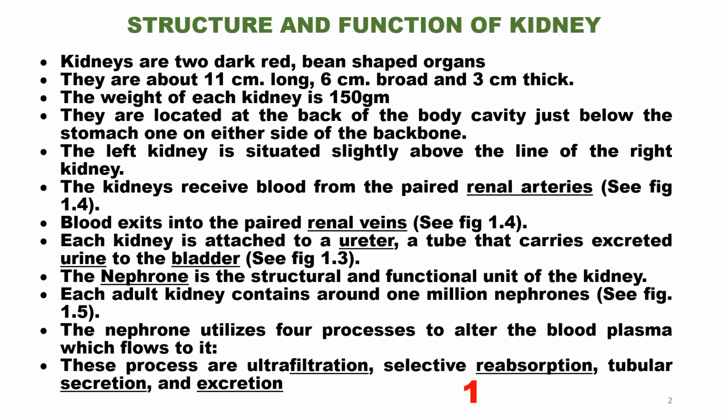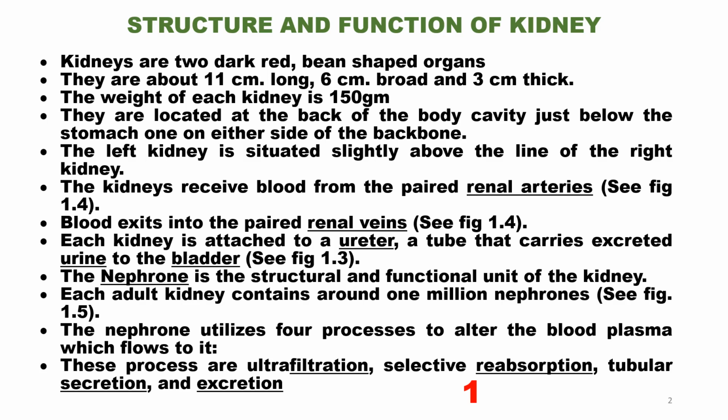The weight of each kidney is 150 grams, referring to a healthy adult person's kidney, not that of a baby, because biologically, whenever we cite the weight or size of a particular organ, we take reference from the adult individual.